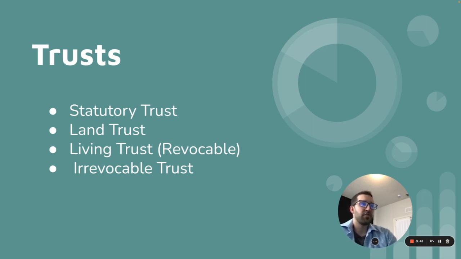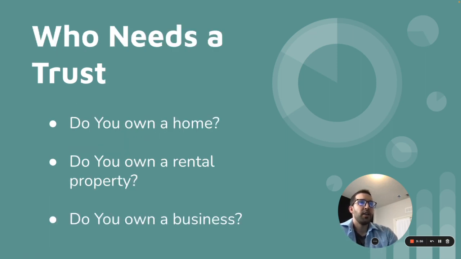As I mentioned, a living trust or revocable trust. An irrevocable trust is more part of an estate plan and for tax flexibility as well. So as I mentioned, who needs a trust? In our opinion, anyone who owns real estate should be using a trust to hold title.